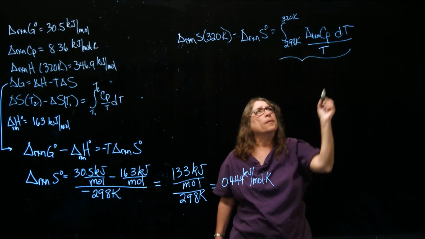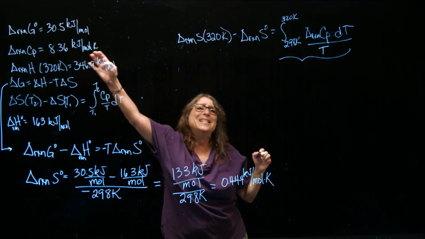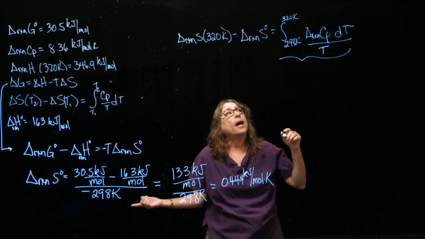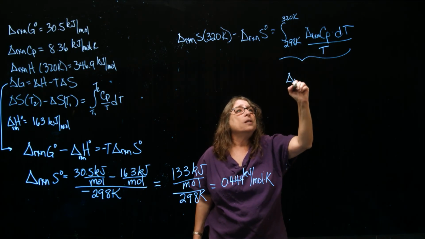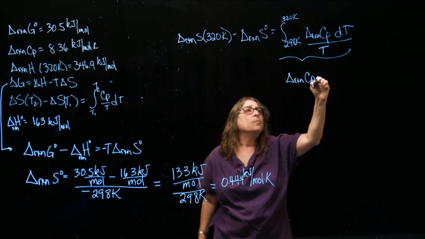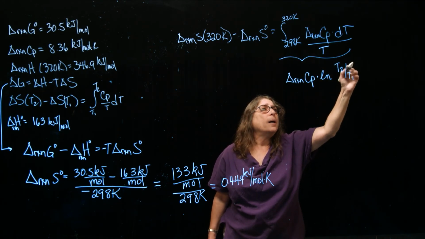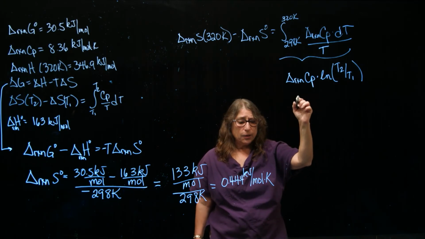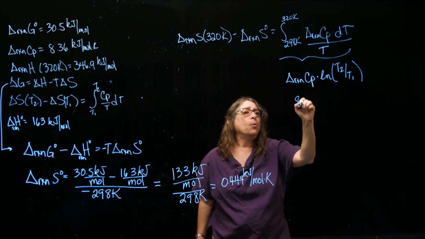I'm going to just work on this part for a second. This heat capacity change is not temperature dependent, so I don't have to integrate that. I just have to integrate dT over T. So this is the change for the reaction in the heat capacity times the natural logarithm of T2 divided by T1.